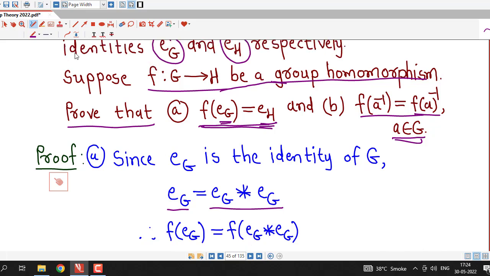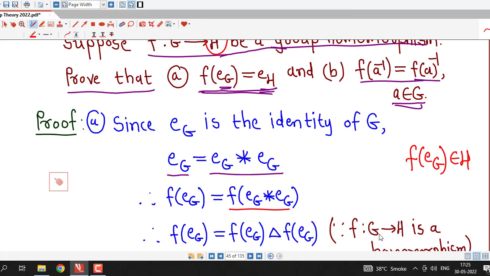It is given that f is a homomorphism. So this I can rewrite as f of e G delta f of e G, because the operation in H is delta, and these two elements f of e G will be members of H, and H has operation delta.